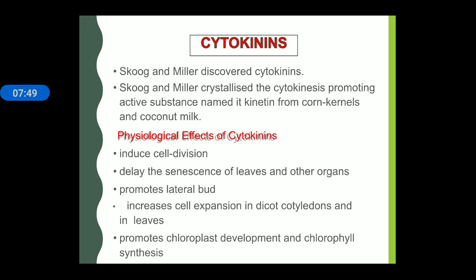Now, physiological effects of cytokinins are as follows. It induces cell division. It delays the senescence of leaf, meaning aging. Senescence means aging of leaf and other organs. It promotes lateral bud growth. It increases cell expansion in dicots, and it promotes chloroplast development and chlorophyll synthesis.